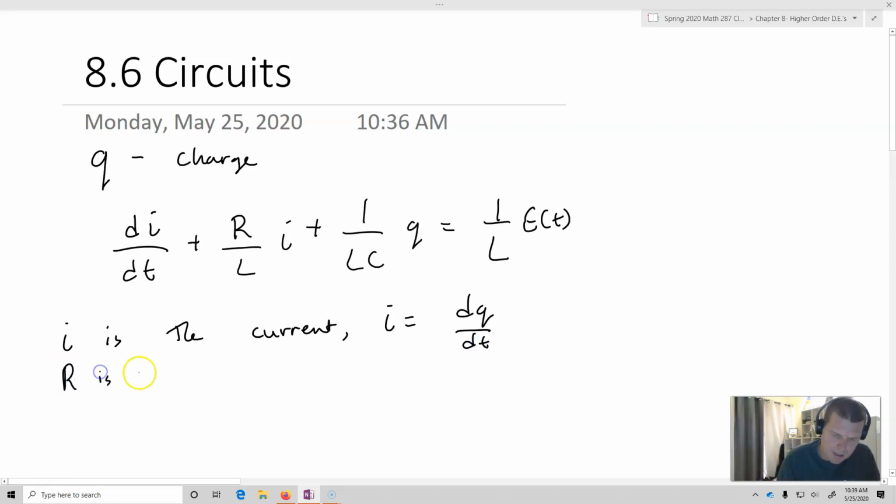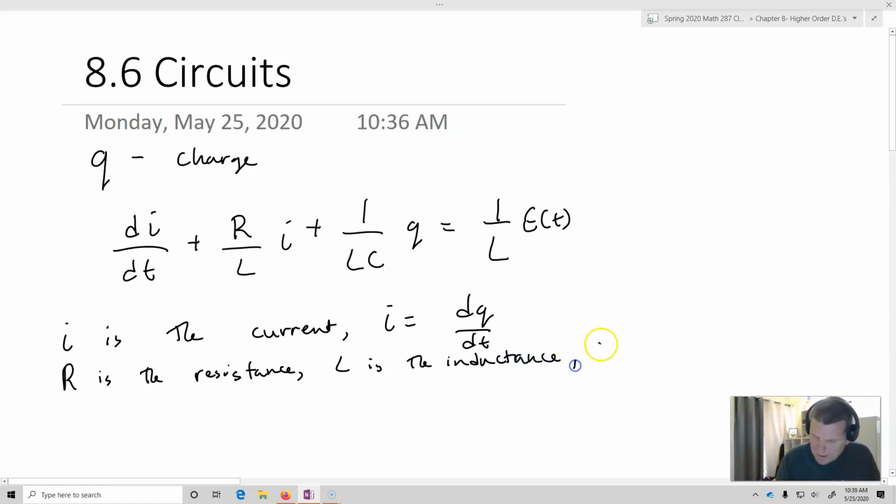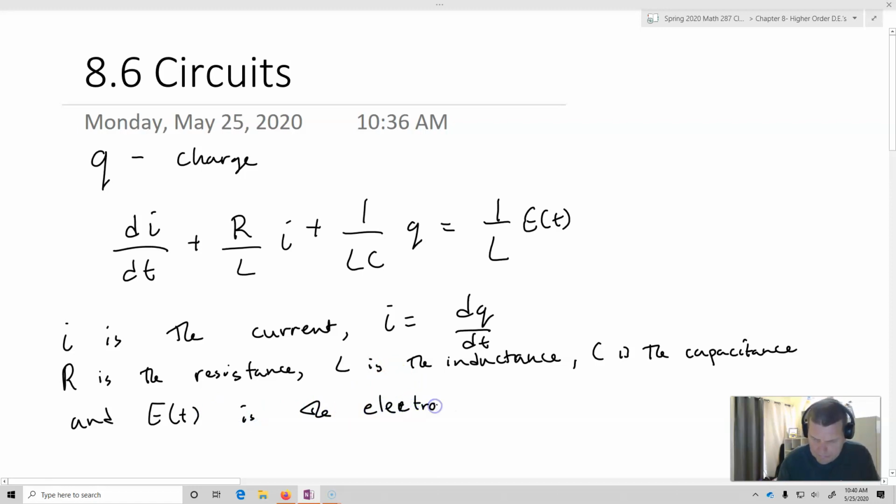R is the resistance, L is the inductance, C is the capacitance, and E of t is the electromotive force. So it's basically an EMF, something that's actually pumping something into the system.